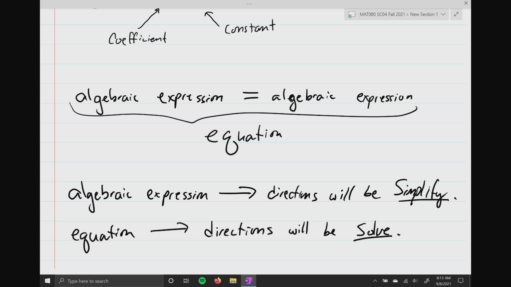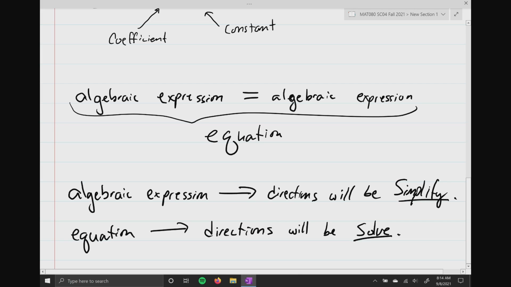How many of us have ever heard of this phrase before? Whatever you do to one side of the equation, you must do to the other. Have we ever heard that before? Yes. Perfect. So the thing is, you've got to know when to apply that. You do not apply what I just said to an algebraic expression because there is no side.